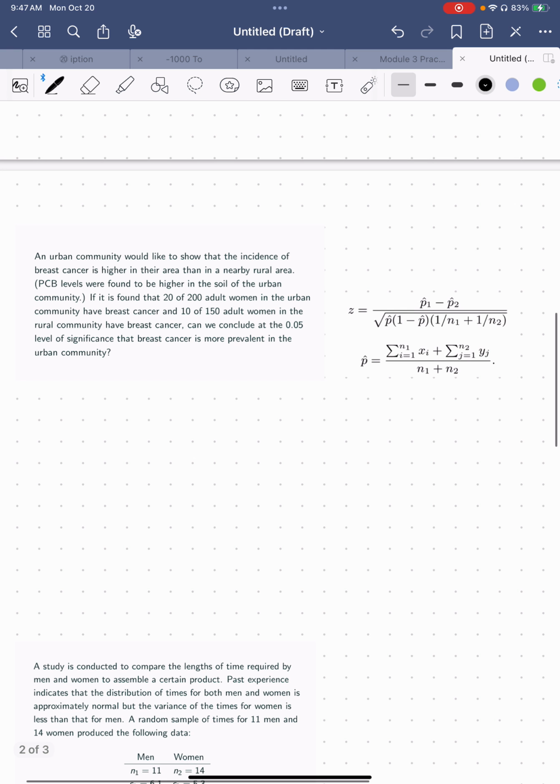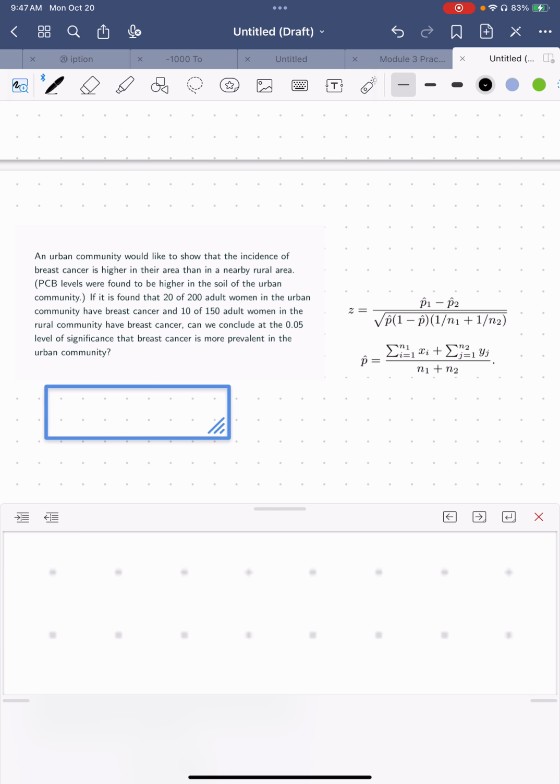So for our next problem, we have an urban community that would like to show the incidence of breast cancer is higher in their area than in a nearby rural area, and we want to conclude using a 0.05 significance level if breast cancer is more prevalent in the urban community. So first we need to write our hypotheses.